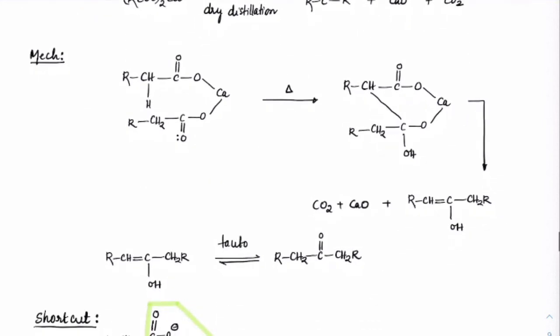Let us see how the mechanism takes place here. The lone pair present on one of the C double bond O will extract this proton on heating. Okay. And as soon as you get that, this carbon will get sufficiently delta negative, this will get sufficiently delta positive, and a bond will be established between those two.